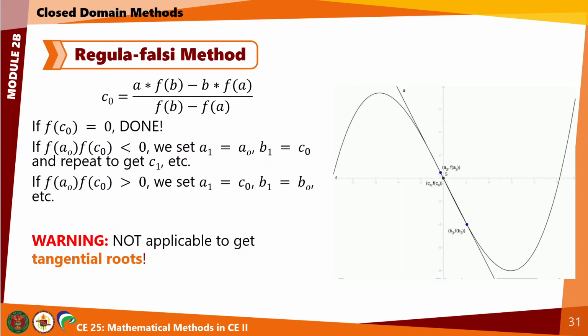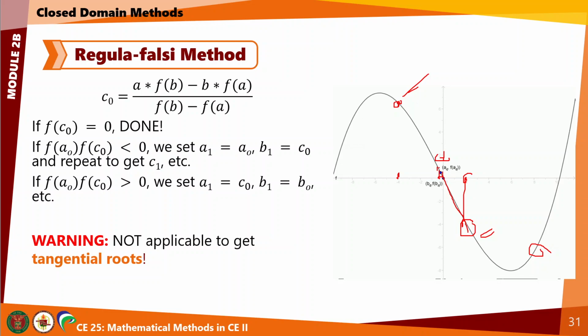Okay, again, ito yung initial points natin. Connect natin, intersection, okay, and then kunin yung function value. Okay, since positive yan, i-retain natin itong negative dito. So, sila naman i-connect, intersection, function value, negative. Since negative yan, i-retain natin itong positive. And then connect, intersection, function value. Okay, since positive yan, i-retain natin itong negative dito sa baba. Connect ulit, and then intersection, and so on and so forth, hanggang lumapit siya sa solution S natin.